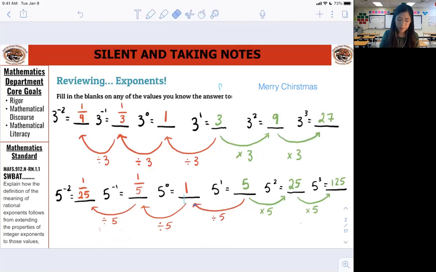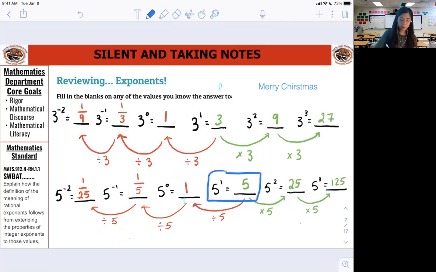The pattern is that you're dividing by 5, right? So here, 5 to the power of 1 is 5. Do we understand that? When I do 5 to the power of 1, it's telling me to just leave it alone. Leave it as 5. Anything to the power of 1 is just itself.